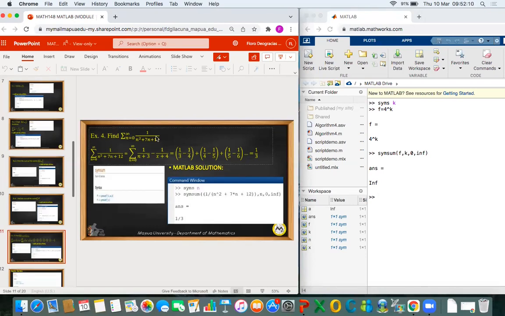It is the telescoping sums, anak. Now remember last time, if you have a polynomial which is factorable, we can use telescoping sums. Okay?